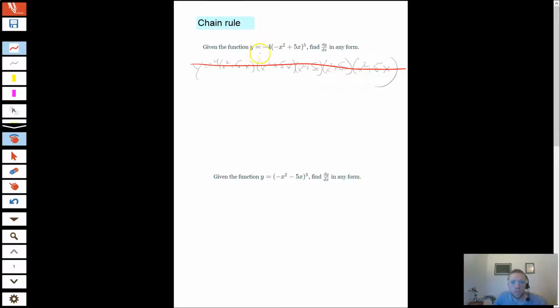Notice I have this function y equals -4 times (-x squared plus 5x) to the 5th power. Based on what I know right now, I could rewrite this whole thing as (x squared plus 5x) times (x squared plus 5x) times itself 5 times, and then multiply it all out and get y equals like -4x to the 10th plus blah blah blah.